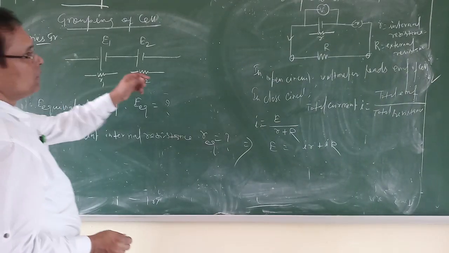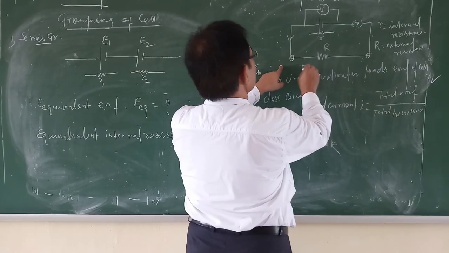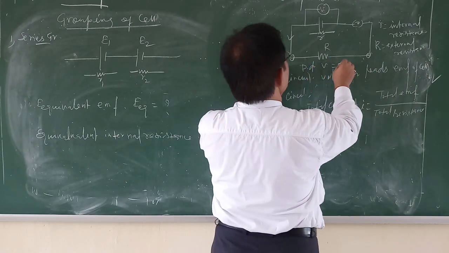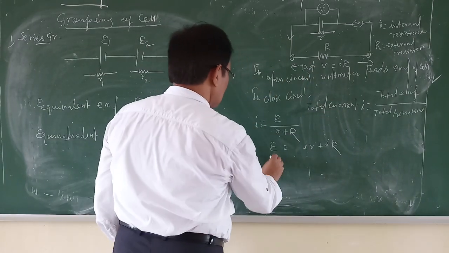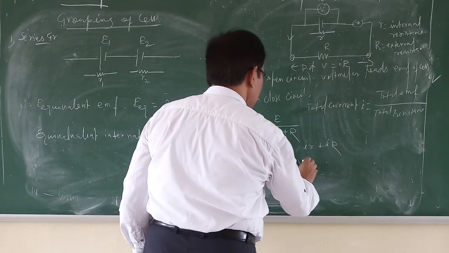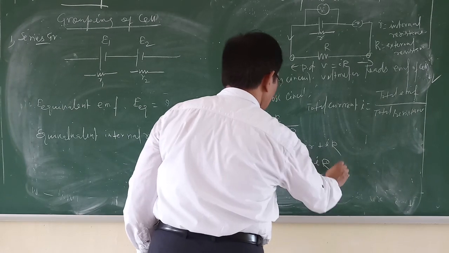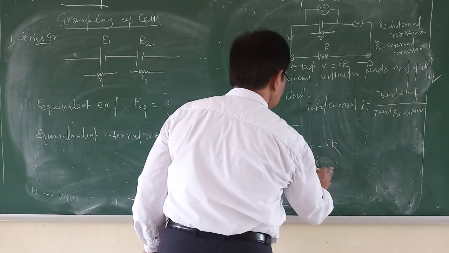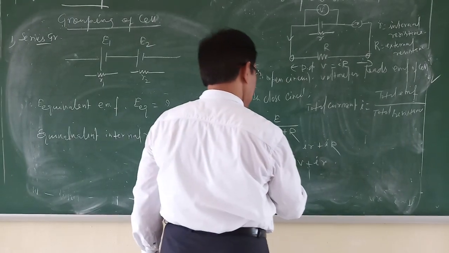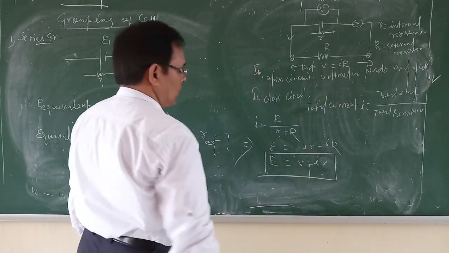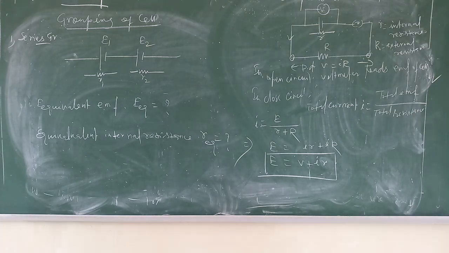Look here, this is the potential difference V equals IR across this resistance. So E equals V plus Ir, small Ir. This is the formula which you have to use.